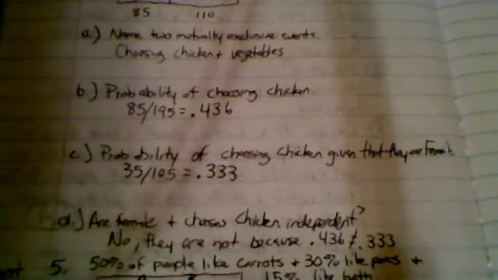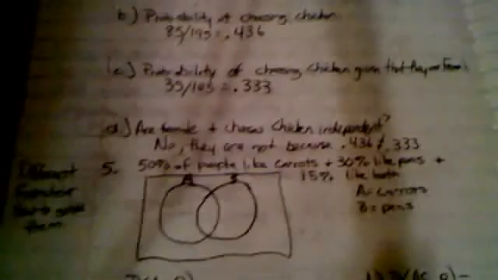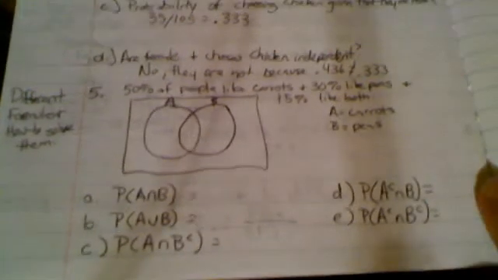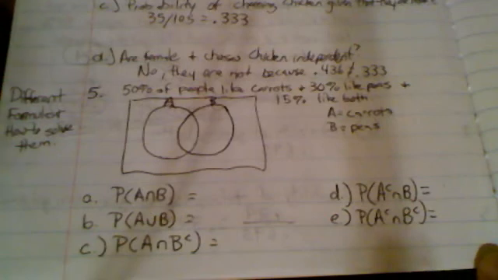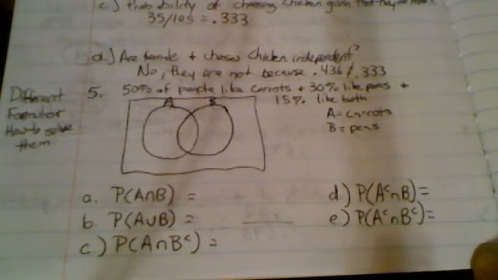Okay, number 5. The last thing that I got on a sticky note, a group of you wanted to see the different formulas and how to solve them. So I am giving you a Venn diagram problem. If you would copy this down, this is your last one before the test. 50% of people like carrots, and 30% of people like peas, and 15% like both.